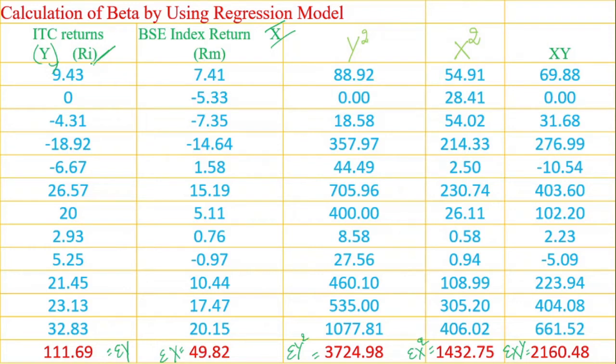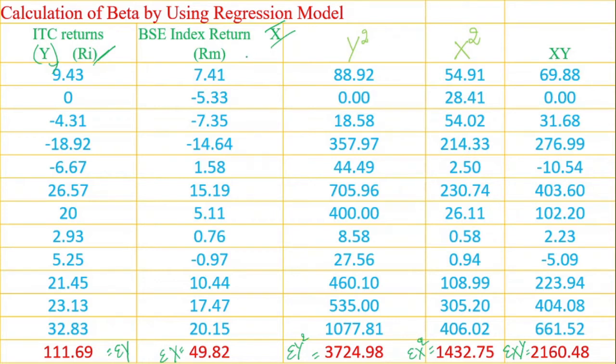This is the particular stock's returns. We know this ITC stock depends upon the market index return. That is the reason why ITC becomes the dependent variable and the BSE index return is the independent variable.